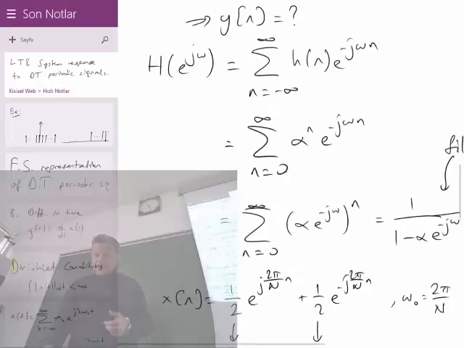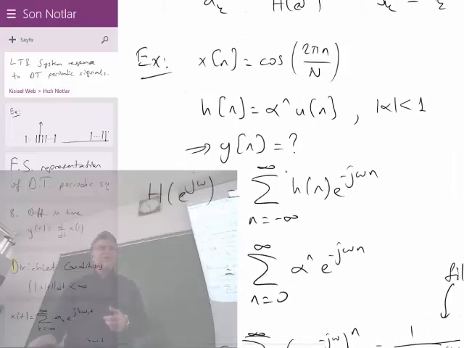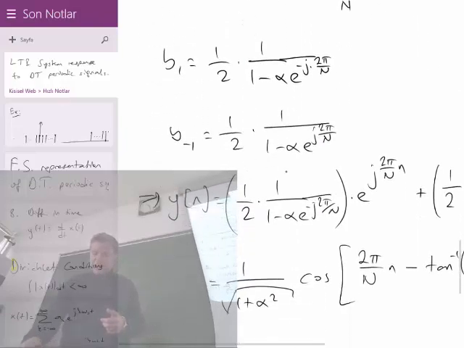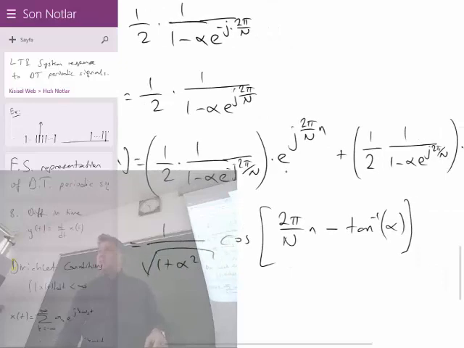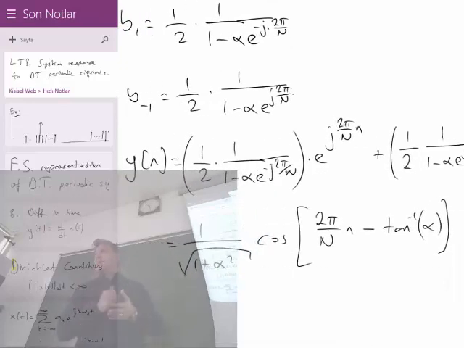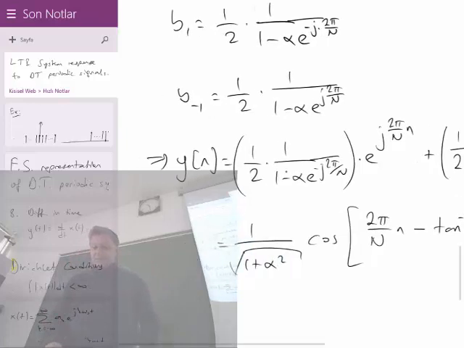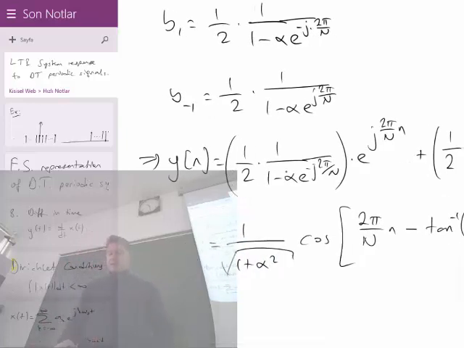And it's the same cosine as the input, by the way. Look at that. What was the input? It was cosine 2 pi n over capital N. And the output is again cosine 2 pi n over capital N. Shifted by something and scaled as well. It's a little bit attenuated. It's not amplified, but shrunk. Okay. So this is the way that this system or filter acts.